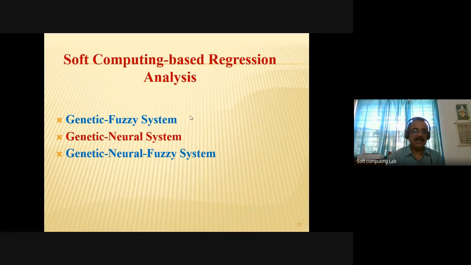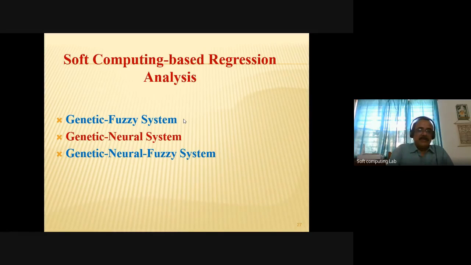The genetic-fuzzy system is to evolve an optimal design of the fuzzy reasoning tool which can perform this input-output modeling very accurately. Similarly, the purpose of the genetic-neural system is to evolve a neural network which could perform the input-output modeling as accurately as possible.